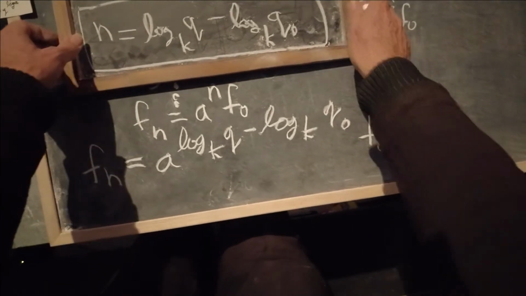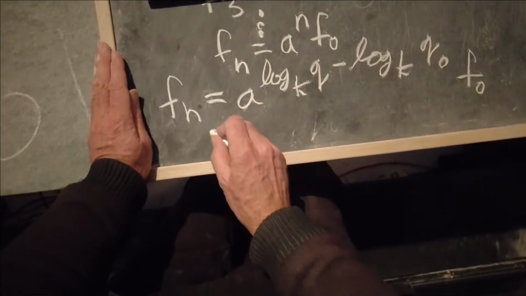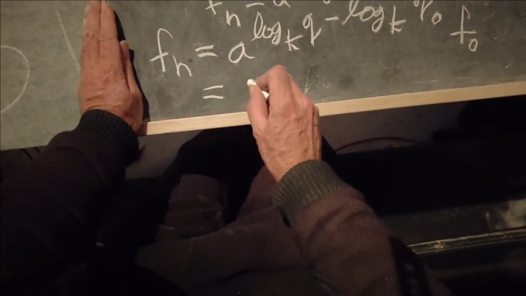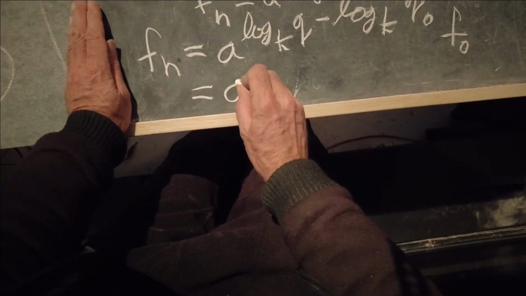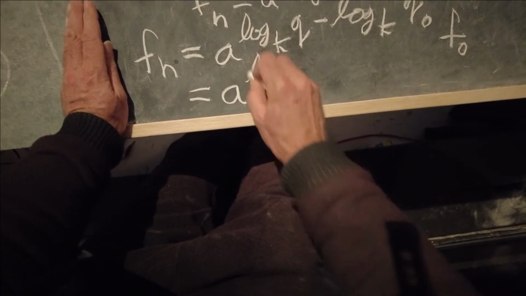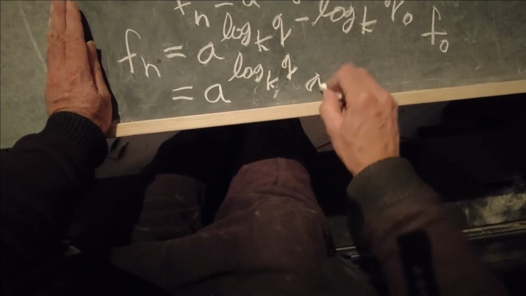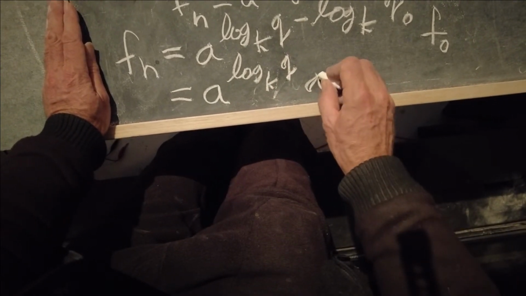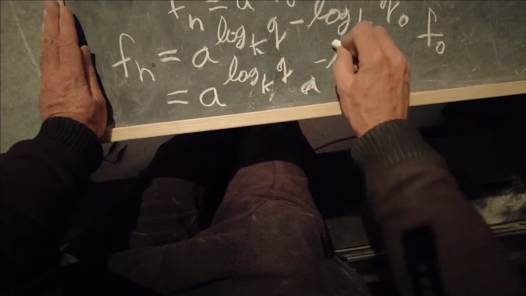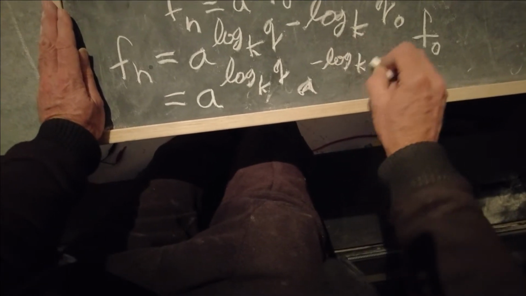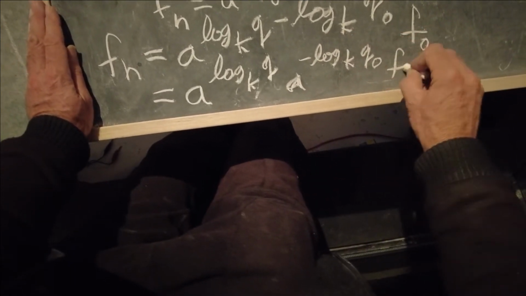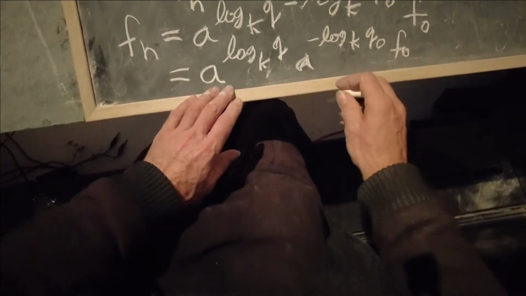And so that is equal to a to the log k of q times a to the negative log k of q0 times f0. So there's three terms here.